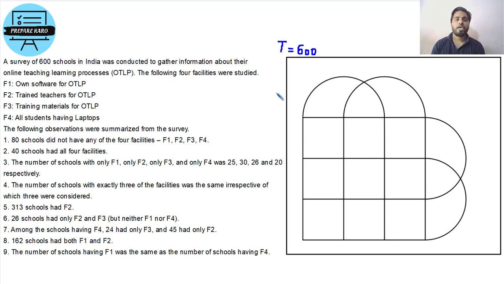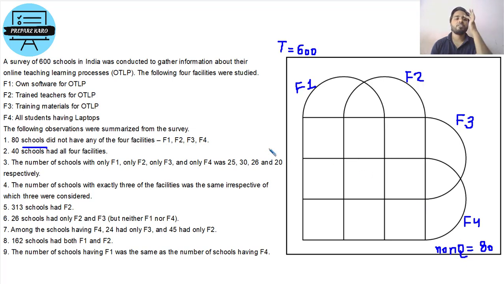Next thing, this is F1. Then we have F2, we have F3, last we have F4, and none is also there, right? Now it says 80 schools did not have any of the four facilities, so none is 80, right? You might be confused, so I am writing it NONE.